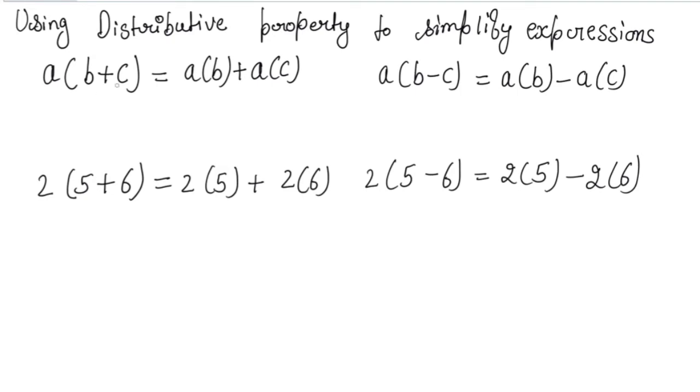Here, left hand side, A is going to multiply with B, so it will be A times B plus A will multiply with C. So that's how the parenthesis will be open or will be gone.